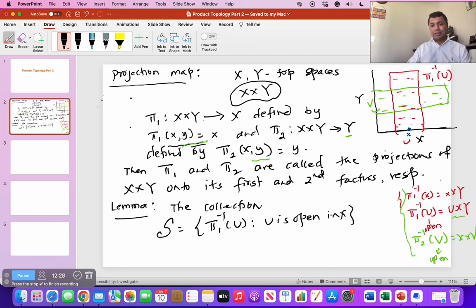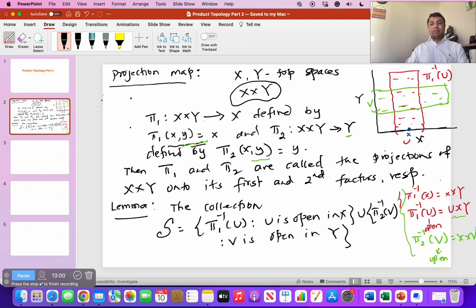Take the union of them with the ones that I have highlighted in green, that's pi 2 inverse of V such that V is open in y.